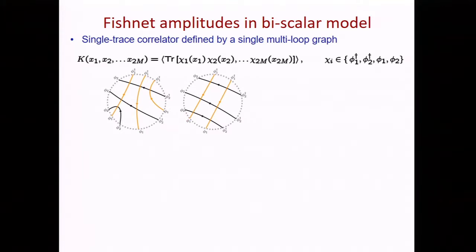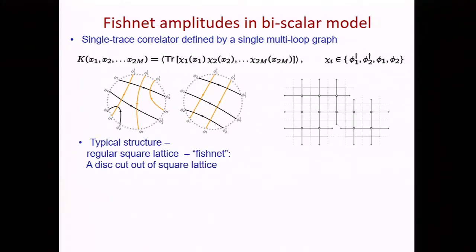You have a conformal amplitude, and you have to compute one graph, although this graph might be very complicated. Now, if we look at the typical structure of such graphs with many fields at the boundary, they look like Fishnet graphs. Something like a disk cut out of the square lattice.